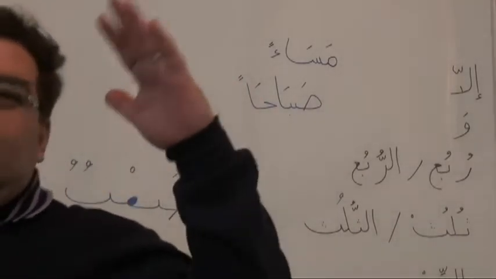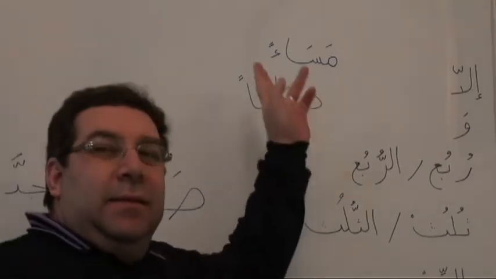So those we use also in timings, like it is 8 o'clock. So instead of saying AM and PM, we say sabahan and masa'an. And we still have other words we can use. Like noon. What is noon? Zuhran. And like afternoon, what is afternoon? Asran. Also those two we can use.